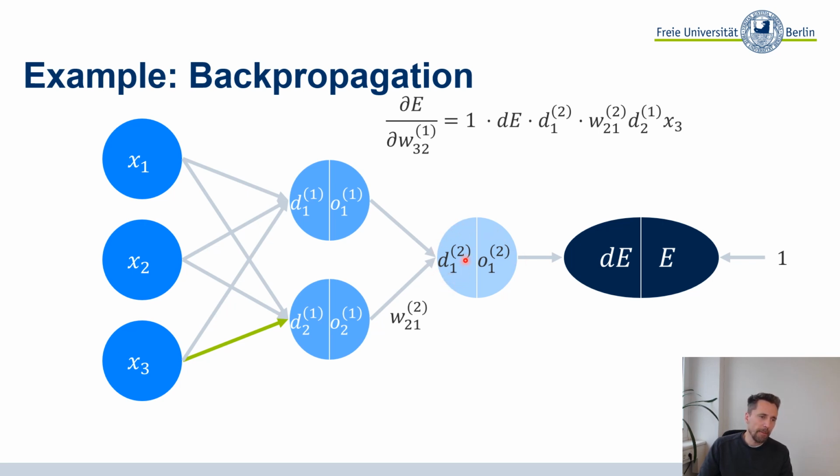Multiply it by D1 superscript 2, and then multiply it by this weight, multiply it by this derivative, and remember, to obtain the derivative with respect to this weight, we need to then ultimately multiply it by its input.